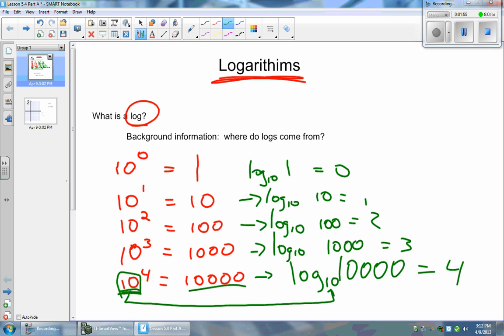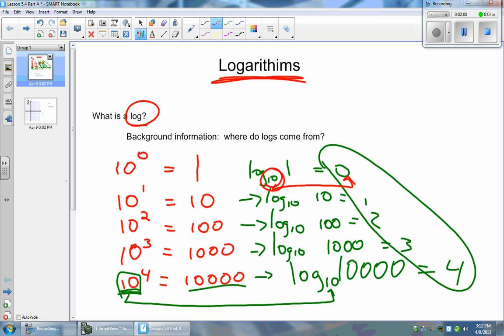So what does the log do? The log strictly looks at the exponent. That's right, because if you think about it, here is the base to the power of this exponent. Here's the answer. So we're just basically going backwards. Here's the answer. I wonder what this would be to this base.